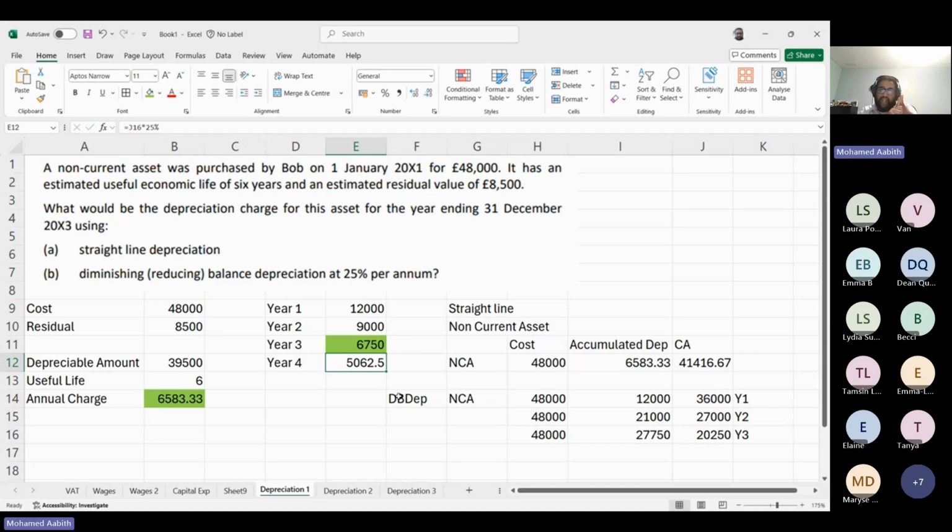One of them is straight line, where you have equal amounts throughout the useful life of the non-current asset. But when you do the diminishing balance, you go from the original value and then the carrying amount in further years, because it is diminishing. Can you see here? The balance is diminishing, so your carrying amount is diminishing. But the book value of your asset, £48,000, has not changed.